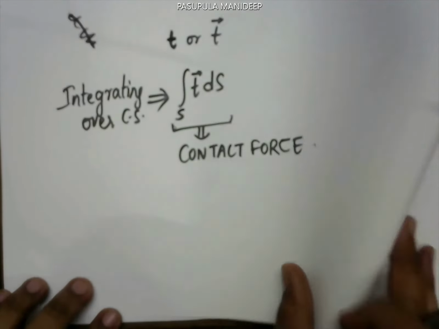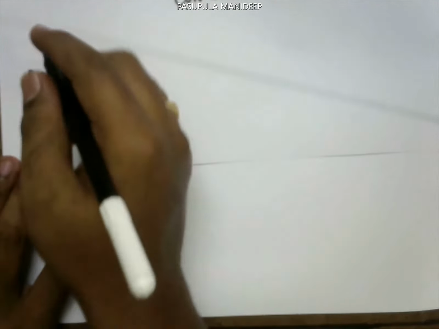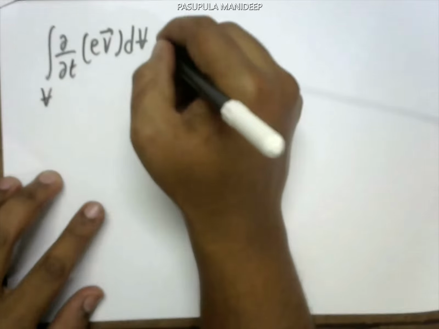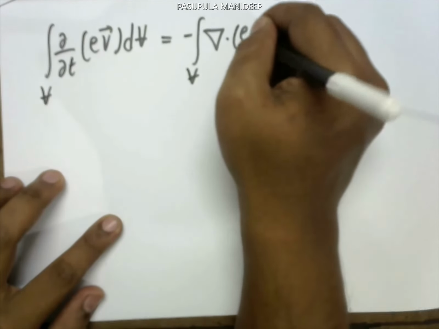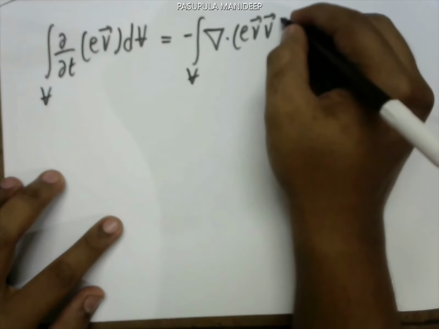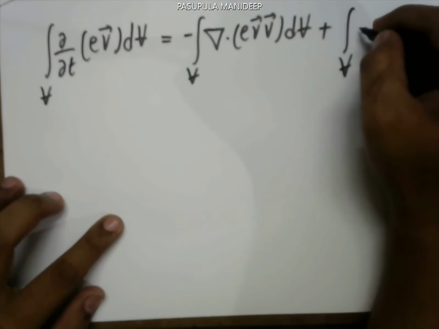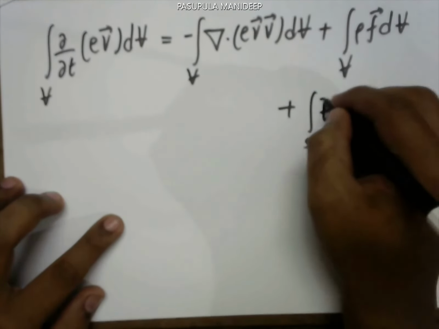That would look like the integral of del by del t of rho v bar dV equal to minus the volume integral of grad into rho v bar v bar into dV, plus the body force term, plus the surface contact force term. Okay.